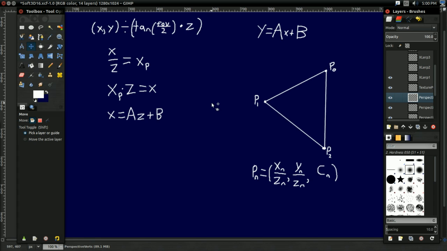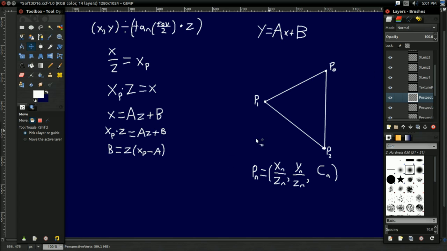So our ultimate test here is, can we calculate x from z in some linear fashion? The exact values of a and b here don't really matter. The only question is, is it a linear equation? So let's solve this. We know x equals x projected times z. So what we're really trying to do here is solve for z.